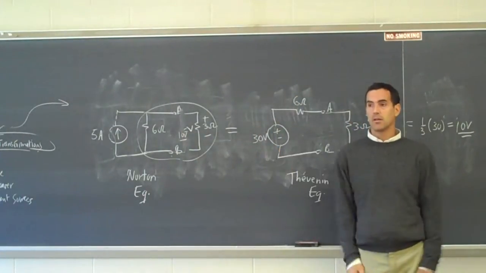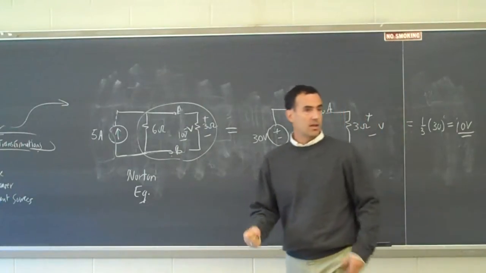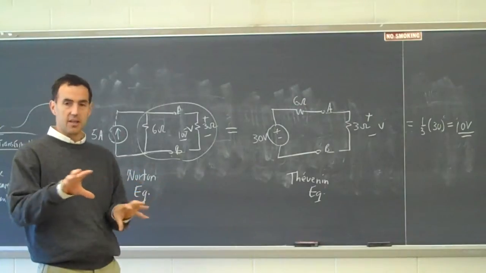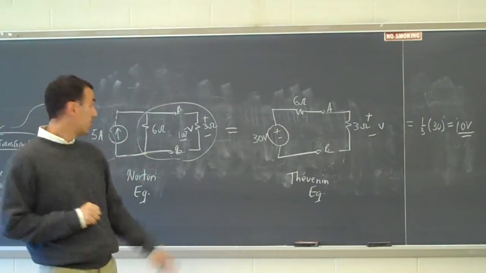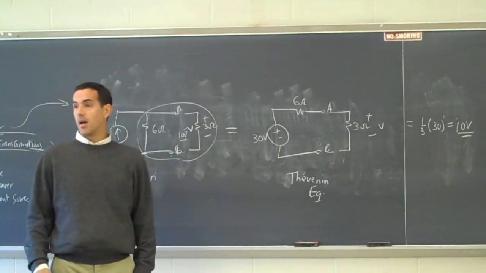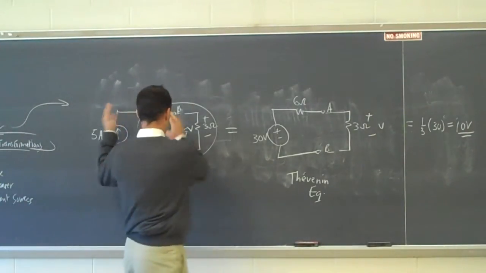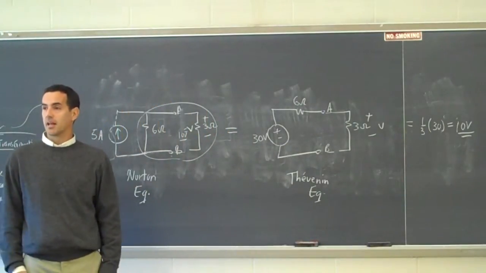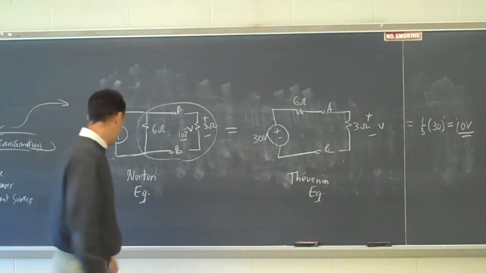So when analyzing a complex circuit, I can replace things, including replacing current sources with voltage sources and vice versa, as long as I'm careful to make sure I've replaced that with that, and make my circuit easier to analyze. Let me give an example.